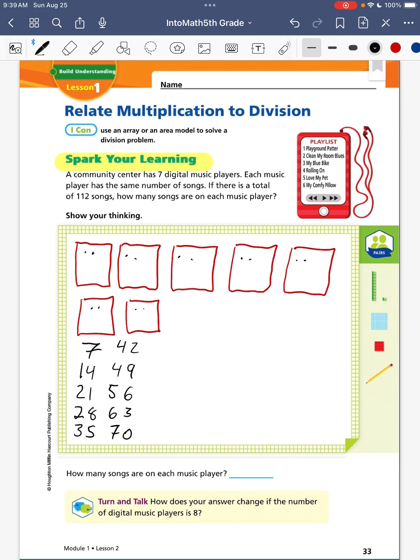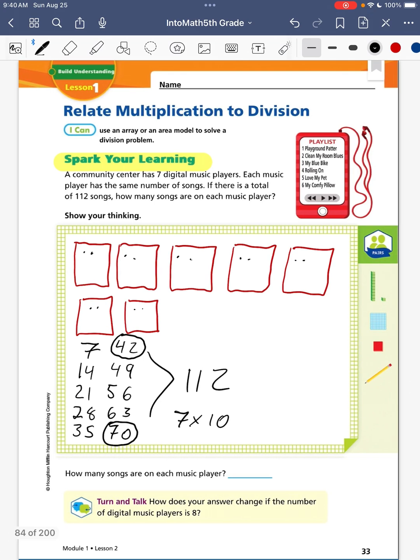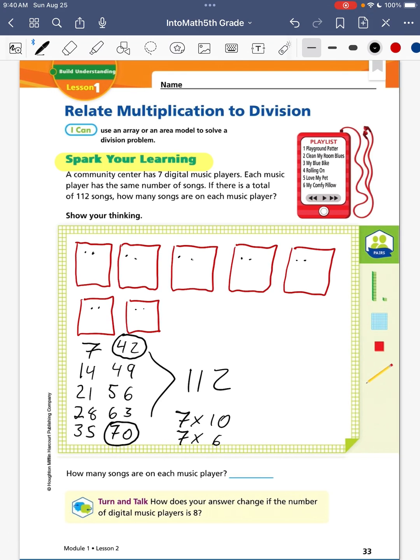As I'm looking here, I'm trying to think what 2 numbers can add up to 112. In my multiples of 7, I see that 42 and 70 could add up to equal 112. I know that 70 is 7 times 10, and 42 is 7 times 6. Using this thinking, I know that there are 16 songs on each of the players.